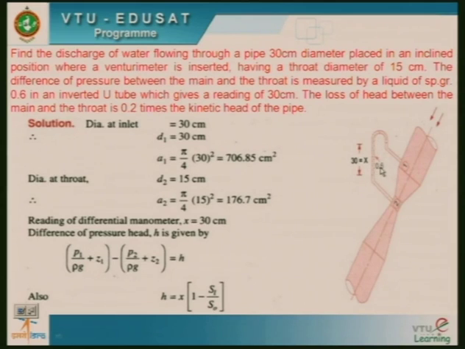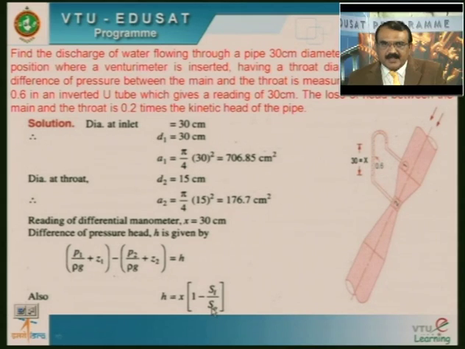Now, since the specific gravity of this manometric fluid is less than the fluid flowing in the pipe, you need to use this formula. H is equal to X into 1 minus SL divided by S naught. What is this SL? SL is the specific gravity of fluid present in the differential manometer and SO is the fluid flowing in the pipe. In this case, this is 0.6 and this is 1. I hope it's clear.